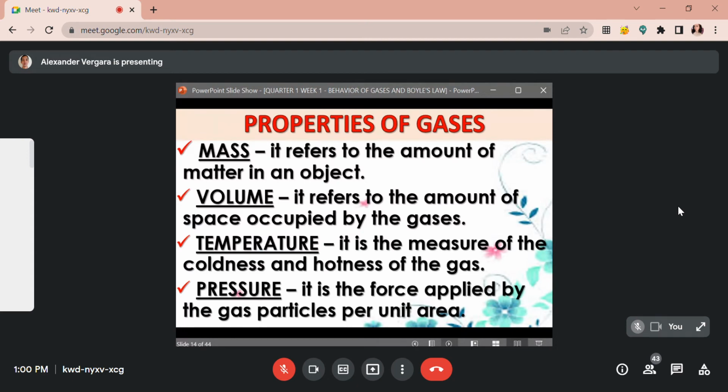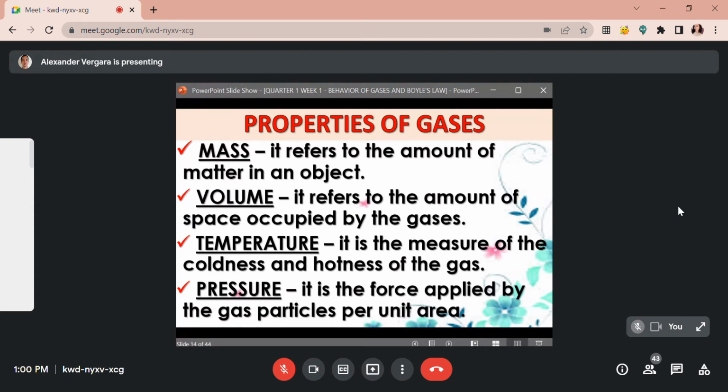When we say mass, it refers to the amount of matter in an object. What's the unit for mass? Gram po.